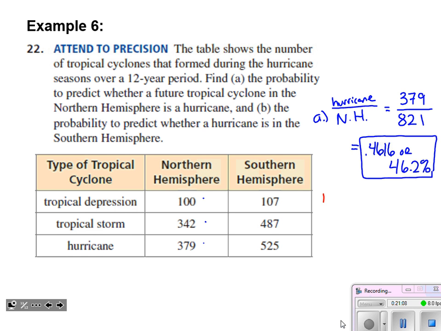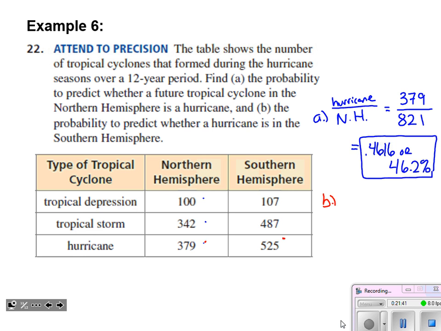Okay, now let's compare that to part B. Again, we want to make sure that we are choosing the correct sample space and the correct desired outcome. The probability to predict whether a hurricane is in the southern hemisphere. So now our sample space and our outcome are different. Now we're looking at total number of hurricanes, and what's the probability that we will have one of those hurricanes in the southern hemisphere, given that we're only talking about hurricanes? So this is kind of interesting.